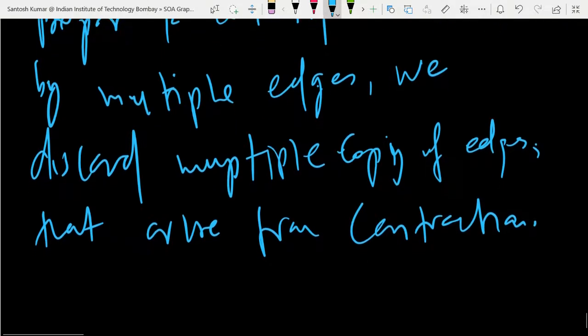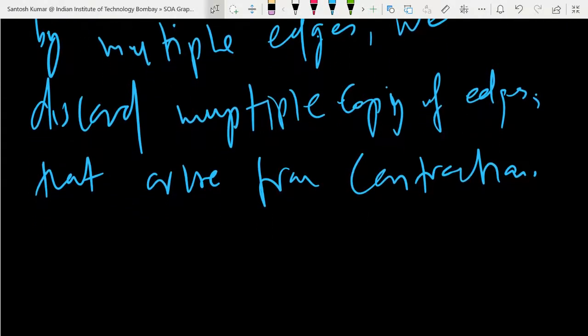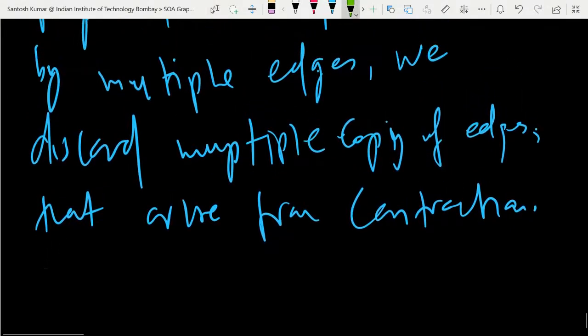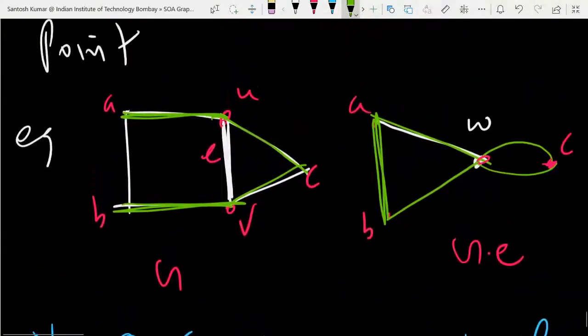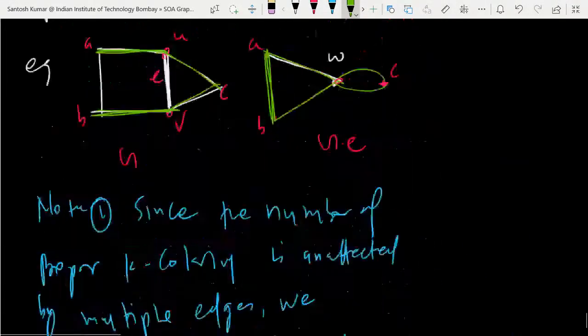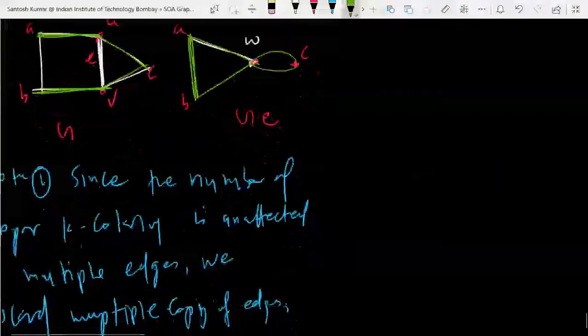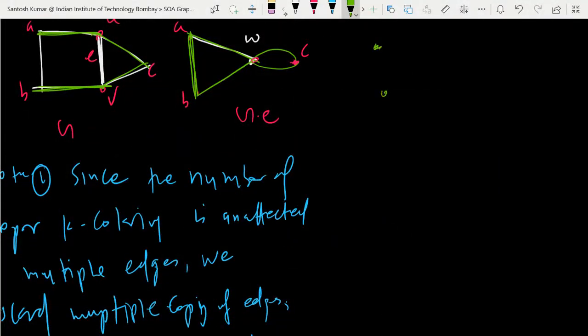We just keep one copy of each, to form a simple graph. So here, if you want to write this again, you can make this for the proper counting, and it will not affect the counting.